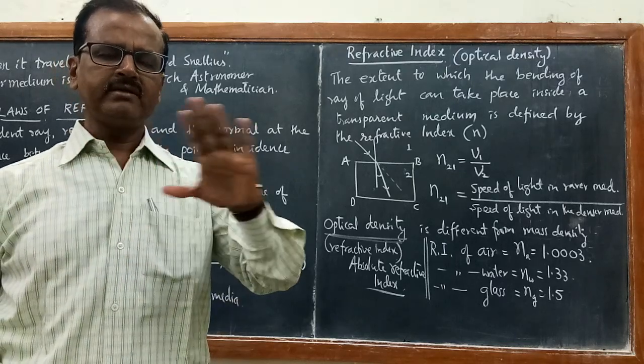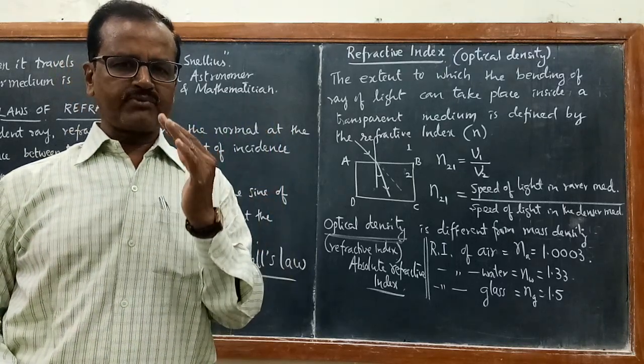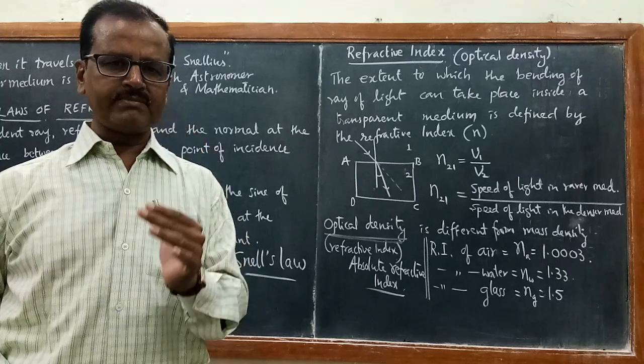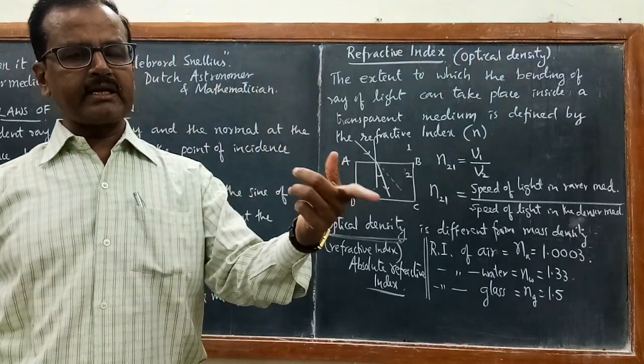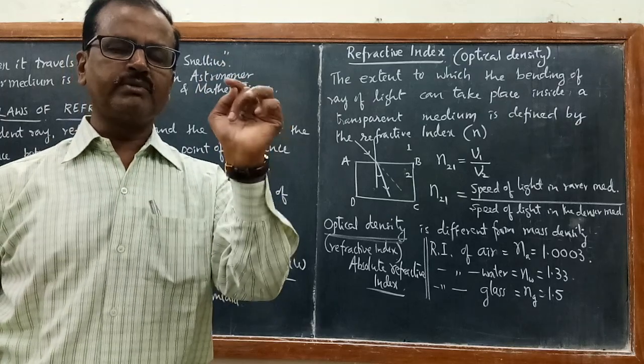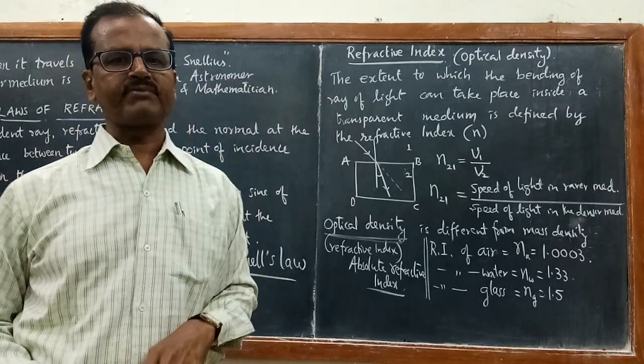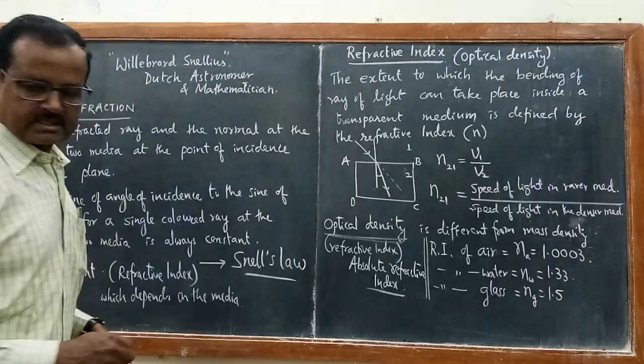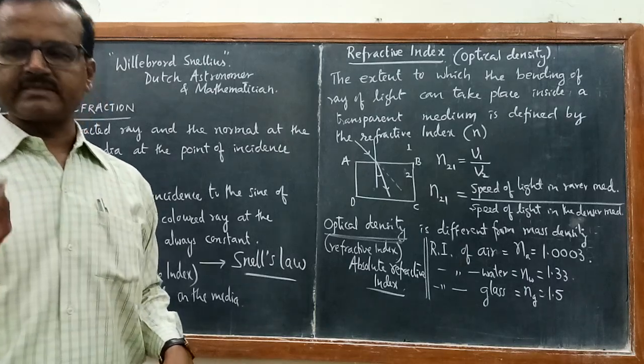These are all different transparent media. So refractive index of that particular denser medium with respect to air or with respect to vacuum is called absolute refractive index.